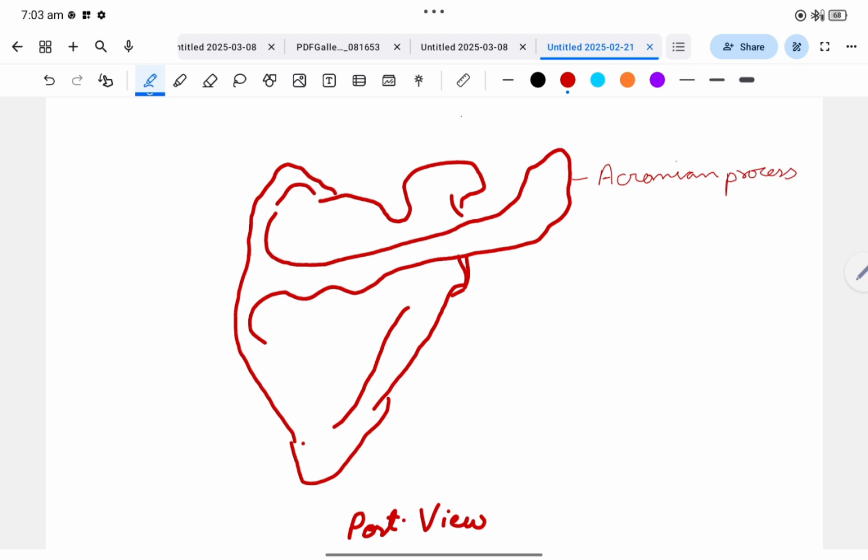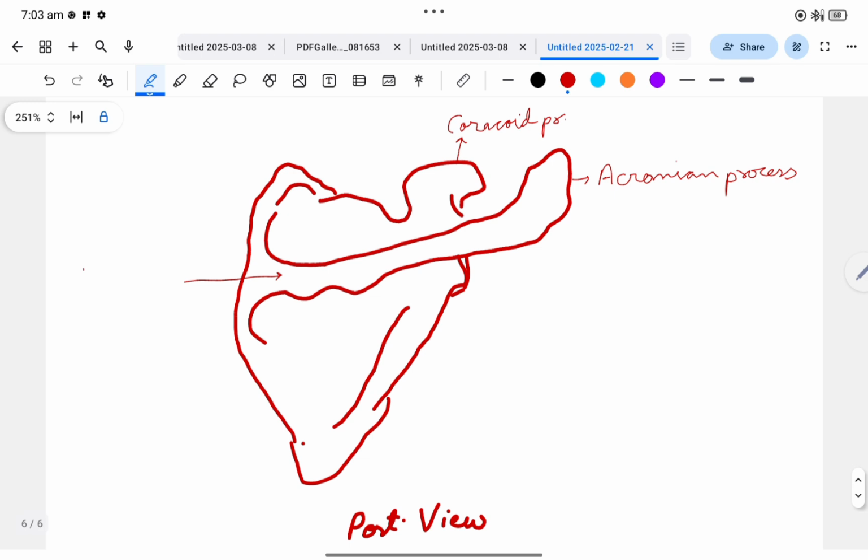Then next comes the coracoid process. This is the coracoid process. This is the acromion process. And the third process is this one.